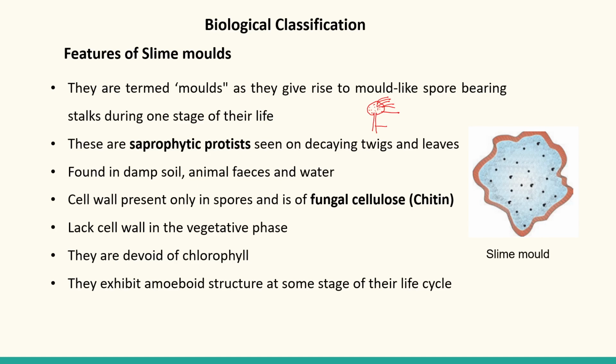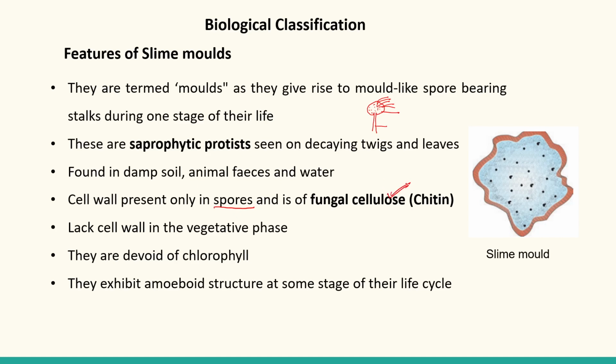Cell wall is present only in spores and is of fungal cellulose, that is chitin. This is very important: it is not present in the adult form. It is present in spores, and that is of fungal cellulose.